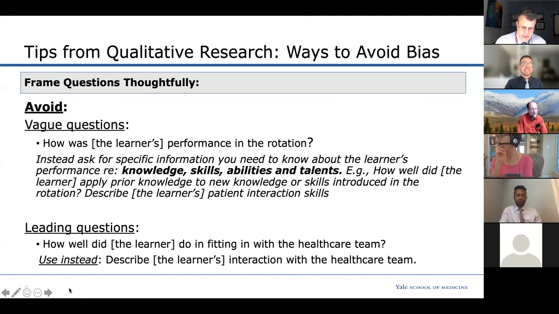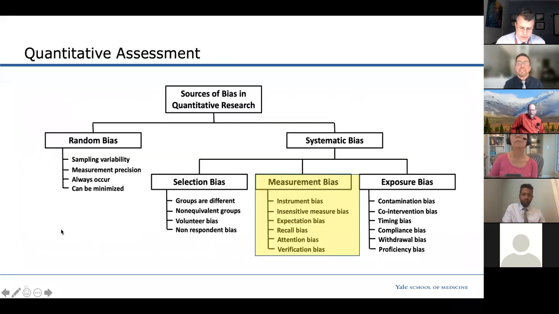And then this is also for those who might be designing questions to draw narrative feedback from faculty, some of the ways in which you can form your questions for faculty to answer with respect to learners. So again, I'm not going to go over this, but I want to give Marty some time to move into thinking about quantitative assessment and biases that are embedded in some quantitative assessments.